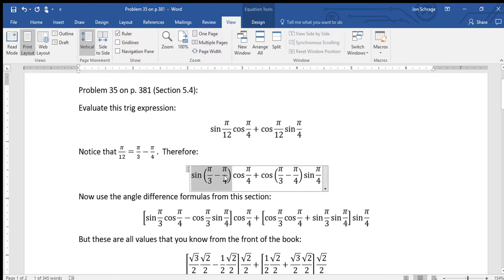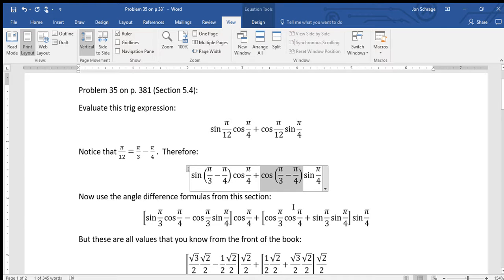Okay, so all of this little gray box right here becomes what's in these square brackets right here. And I'm just going to copy this cosine pi over 4 down to right here. Plus. All right, here's the other angle difference. This is cosine of u minus v. Well, we have an expression at the beginning of this chapter or in the front of your book.